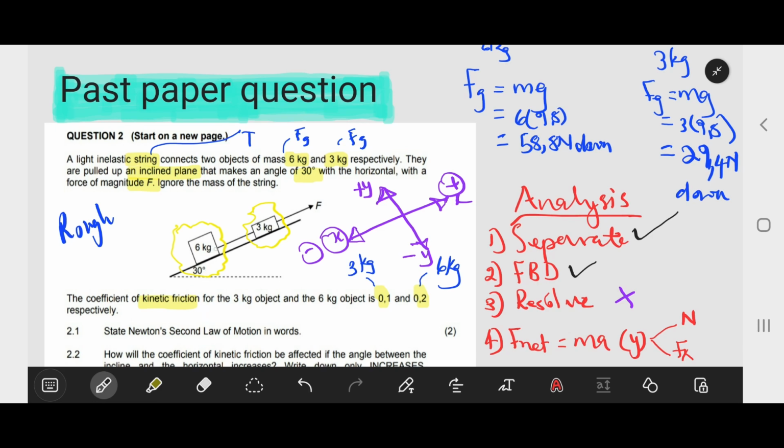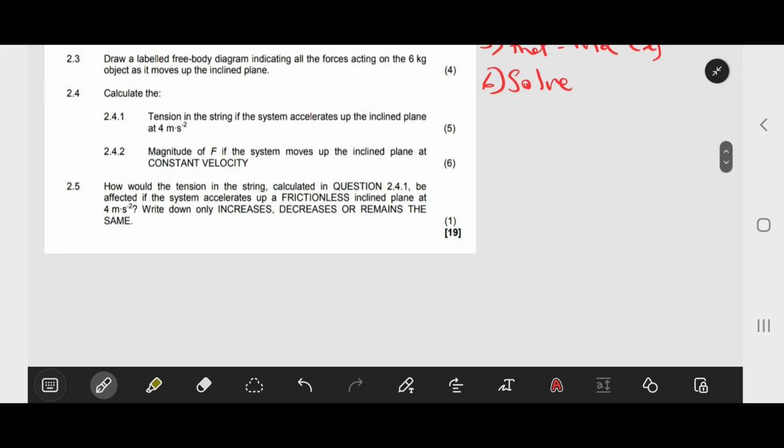We have tension in that direction, which is pulling the 6 kg block, right? So we will have tension in that direction. But now remember that the surface is a rough surface and the object is moving up the incline, so it means the kinetic friction will be pointing down the incline.